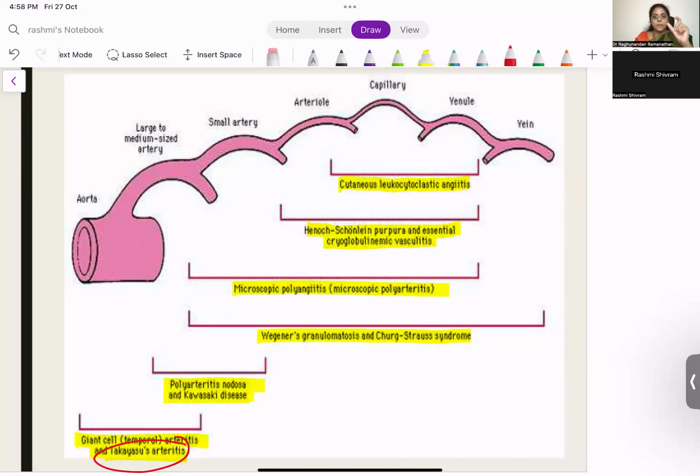Only when the capillaries are involved will you have glomerulonephritis. Like Henoch-Schonlein purpura, the patient will have IgA vasculitis, so the patient can have IgA glomerulonephritis. This is very, very important that you need to remember: based on what size of artery is involved, the manifestations will be presented.